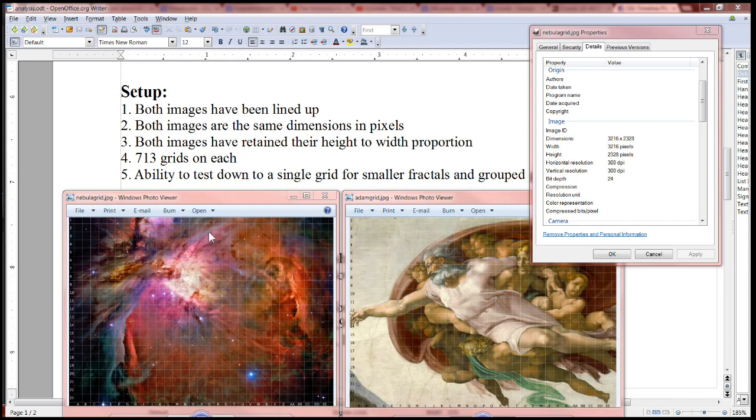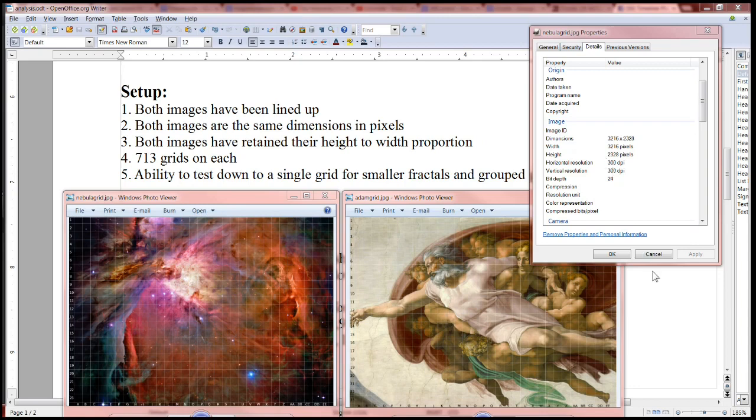So, for example, neither of these images were the same size when I originally started, but as I shrank one and made one larger, they weren't stretched by the width or the height. They were done proportionally. That way they remained the exact same image, only changed in size in order to be able to compare one to the other.